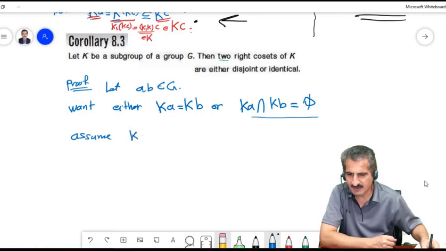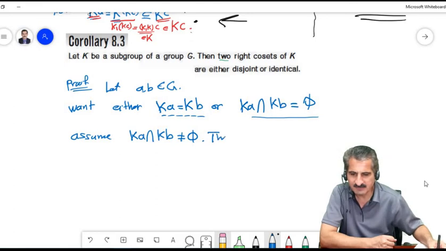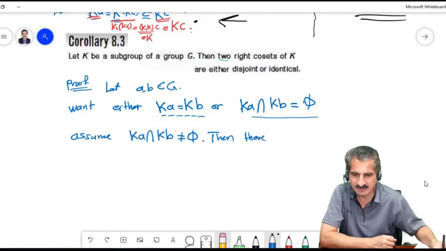Assume Ka intersect Kb is not empty, and then we want to prove they are identical. If the intersection is not empty, that means there is an element C which belongs to their intersection.